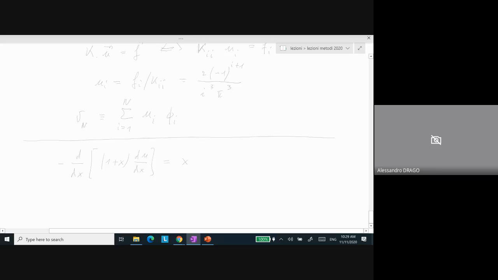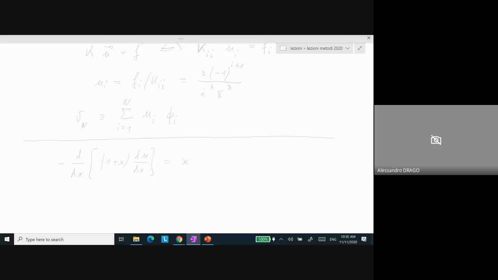So the only difference with respect to the previous case is that before, k was equal to 1, and now k is 1 plus x. That's the only difference. With the usual boundary conditions, u of 0 equal to u of 1 equal to 0. The rest of the equation is just the same.